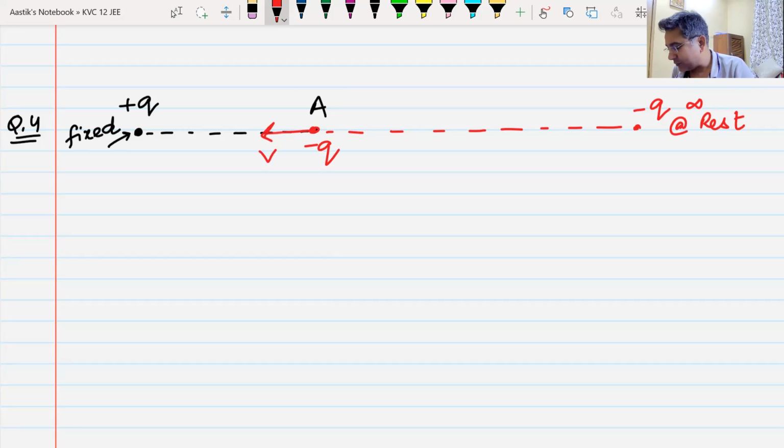Find out the velocity v of this charge at point A. You have 2 minutes to give me the answer.